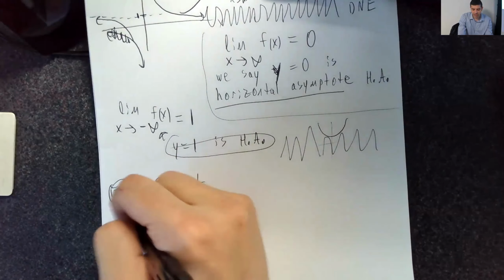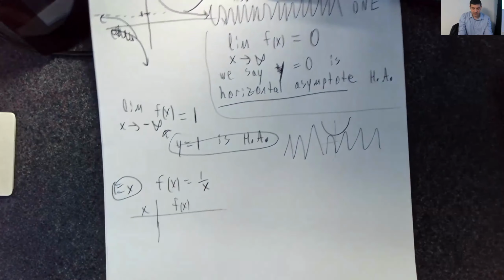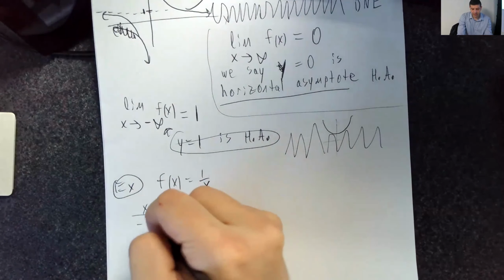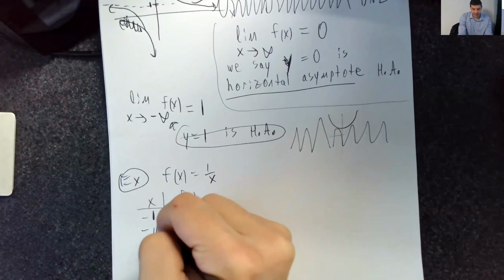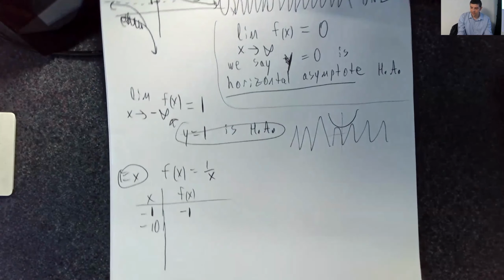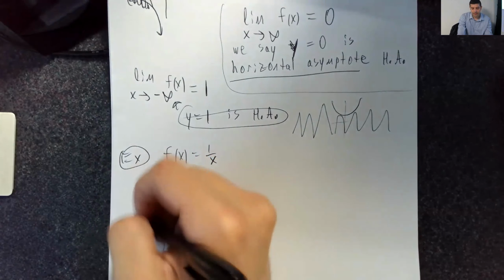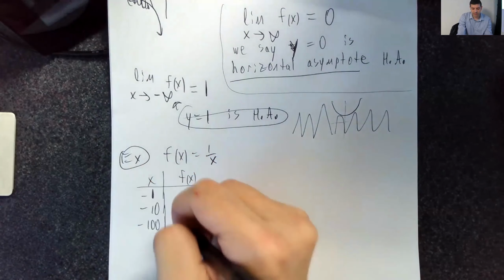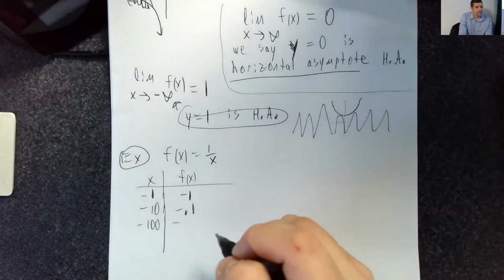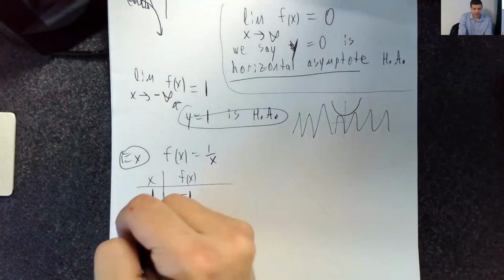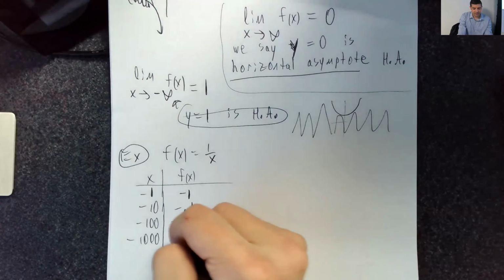So let's do a little chart. x, f of x. x is -1, the output is -1. x is -10, the output is 1 divided by -10, -0.1. -100, the output is -0.01. -1,000, the output is -0.001.